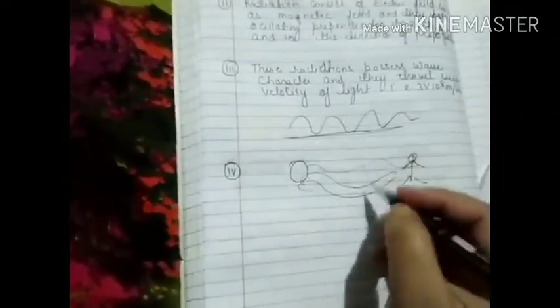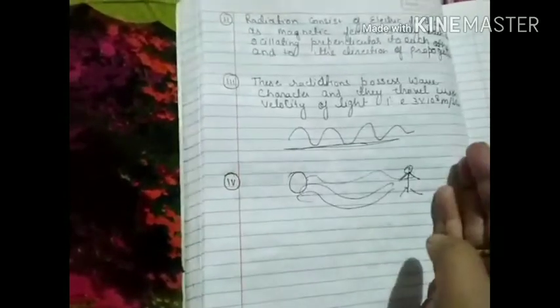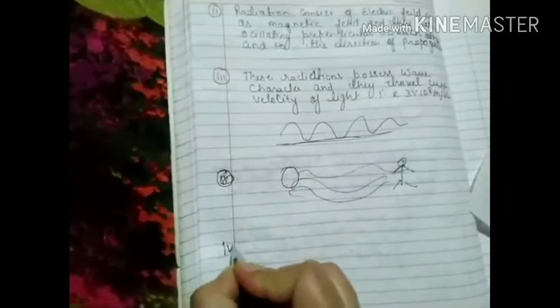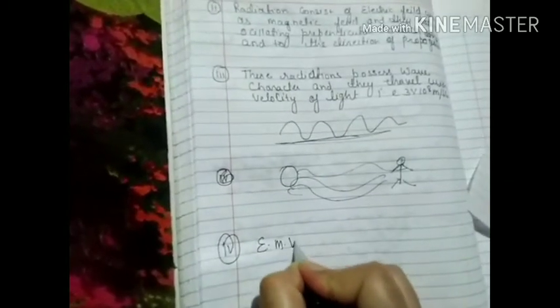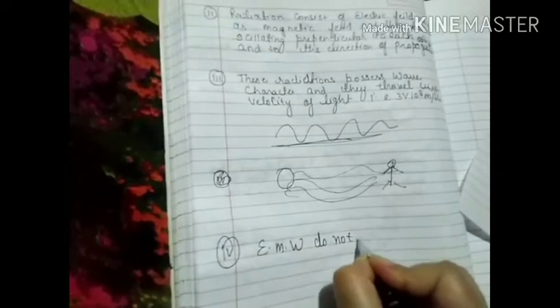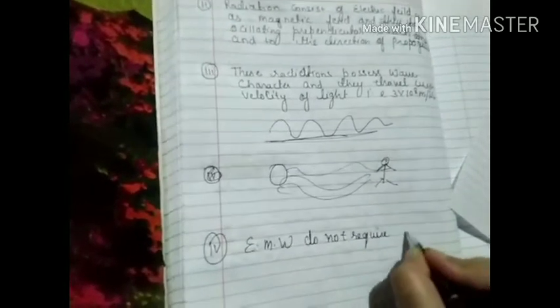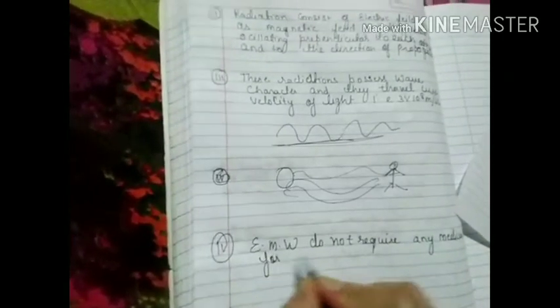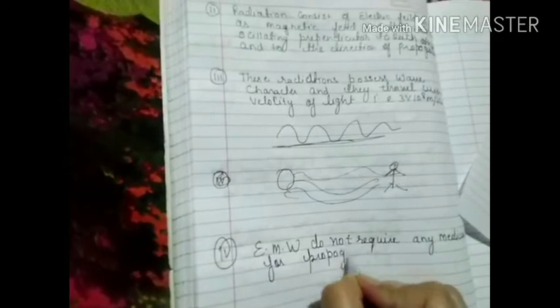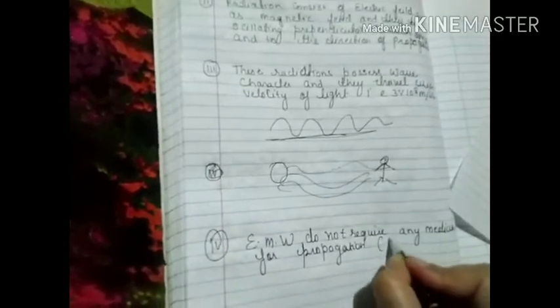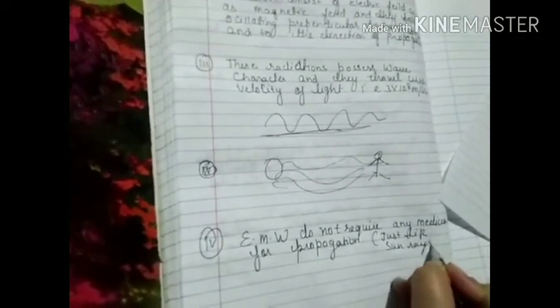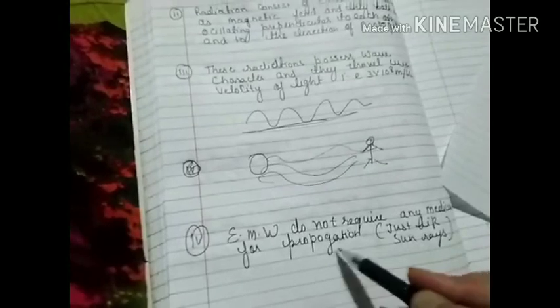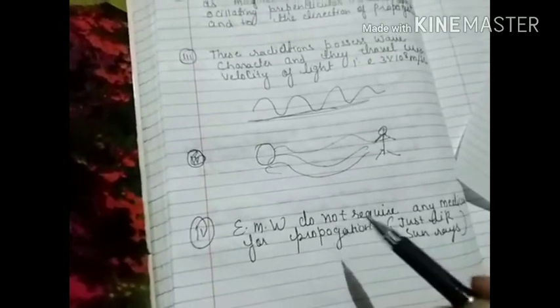That means electromagnetic waves do not require a medium, because in between there is vacuum as well; if a medium was needed, the sun's rays would never reach us. Clear. So your fourth point is, electromagnetic waves do not require any medium for propagation, just like sun rays. This one is the fourth postulate.